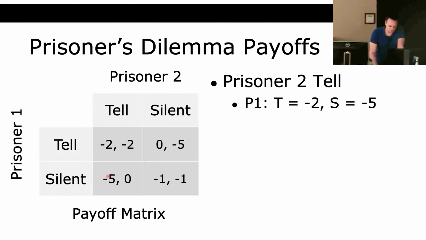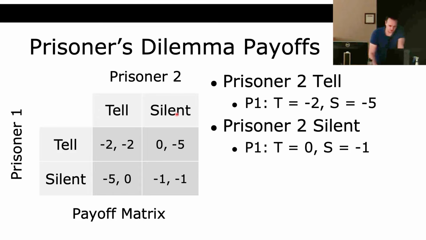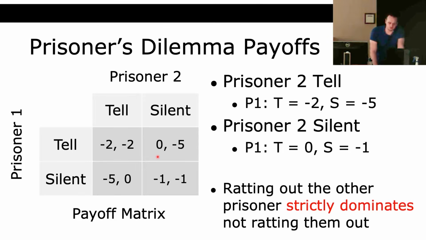Okay? So let's look at the other thing. What if they stay silent? If prisoner 2 stays silent, we get a 0 if we tell. We get a -1 if we stay silent. Okay, so in this case of the prisoner's dilemma, with these payoffs, ratting out the other person, so telling on them, strictly dominates not ratting them out.